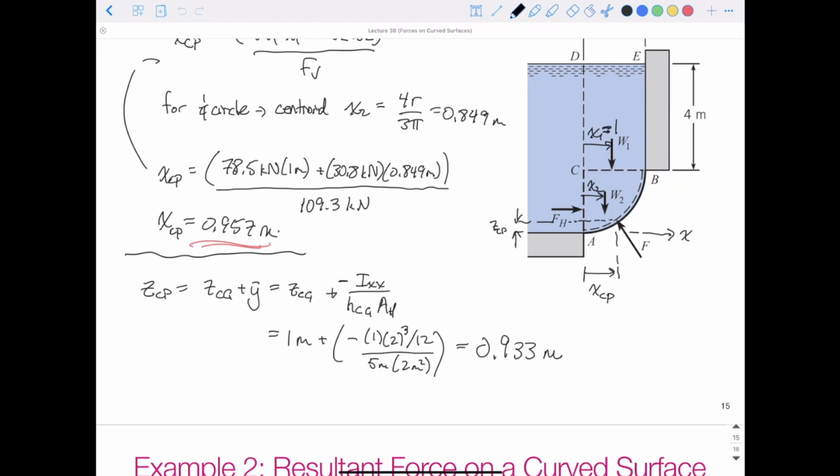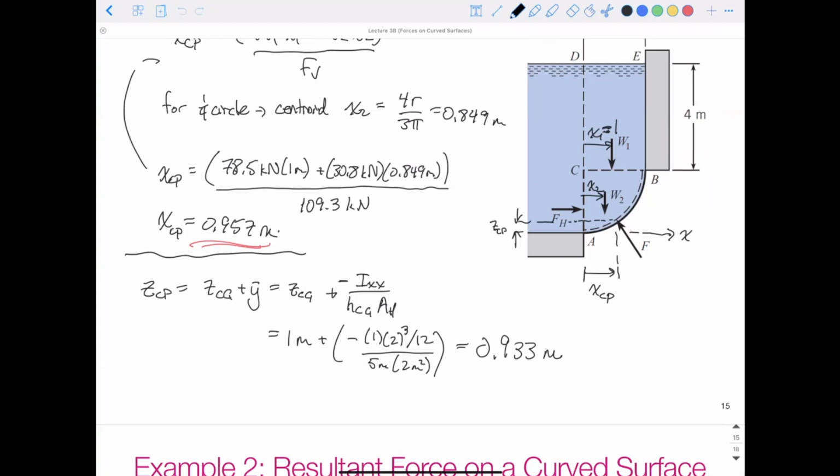So the Z distance from the bottom to the center of gravity plus the distance from the top to the center of gravity, which is HCG, should add up to the total depth. So ZCG plus HCG should add up to 6 meters, which I think is what we have. ZCG I have is 1 meter. We have HCG is 5 meters, so that's a total of 6 meters.